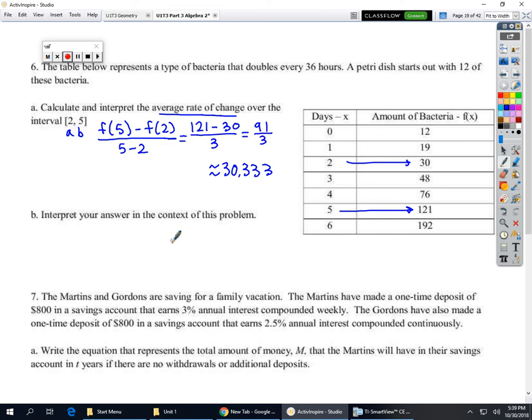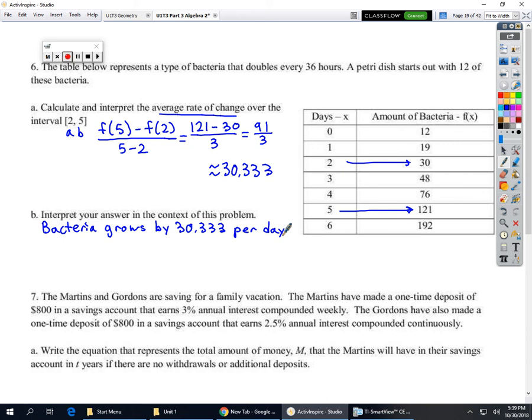All right, so what is this problem about? Bacteria is growing based on the number of days. So what this rate of change really means is bacteria grows by 30.333 per day.